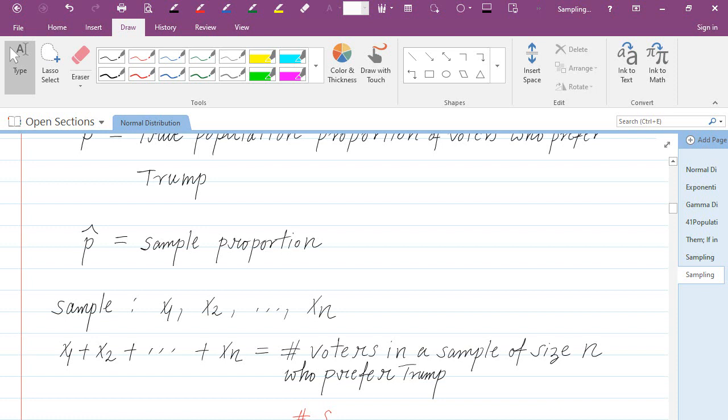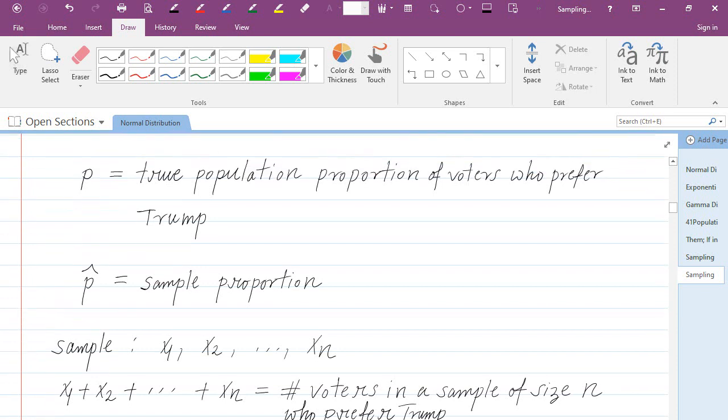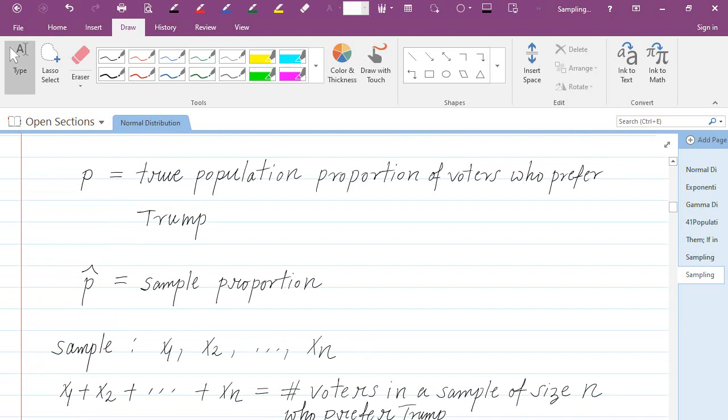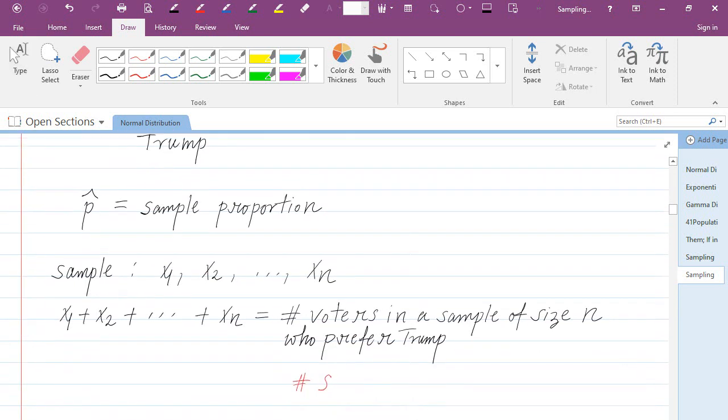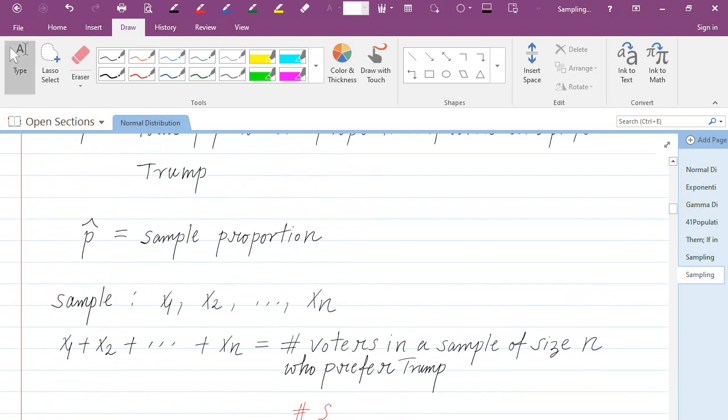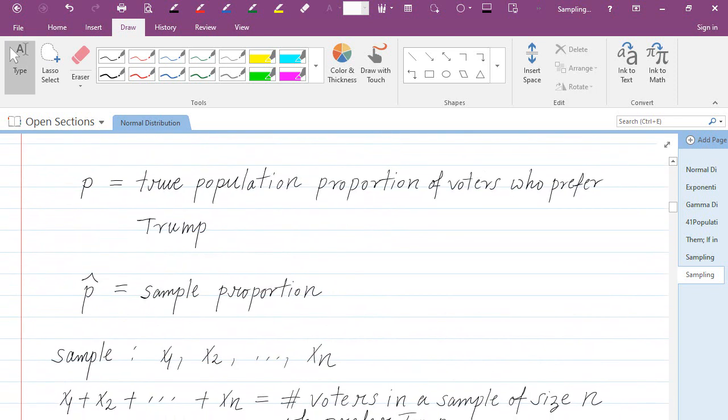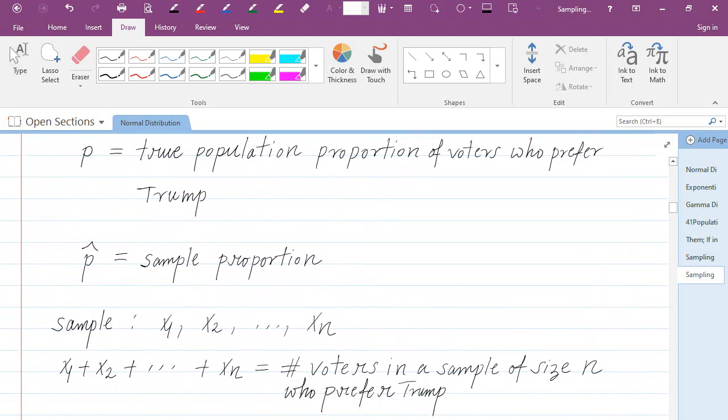So P hat is the sample proportion, and later on we'll see that P hat is what we want to use as an estimate for P. So in other words, we want to make inferences about P based on P hat.